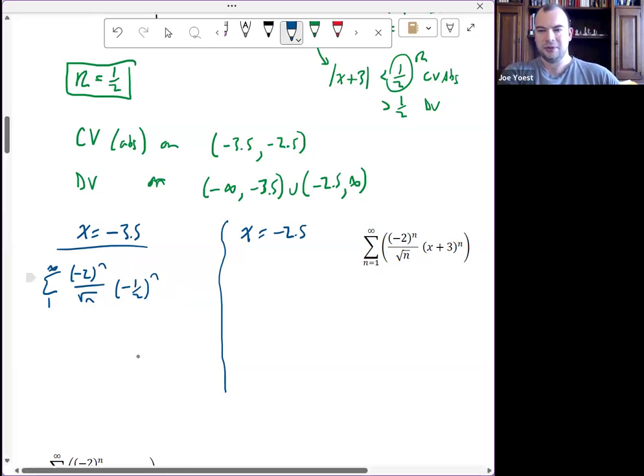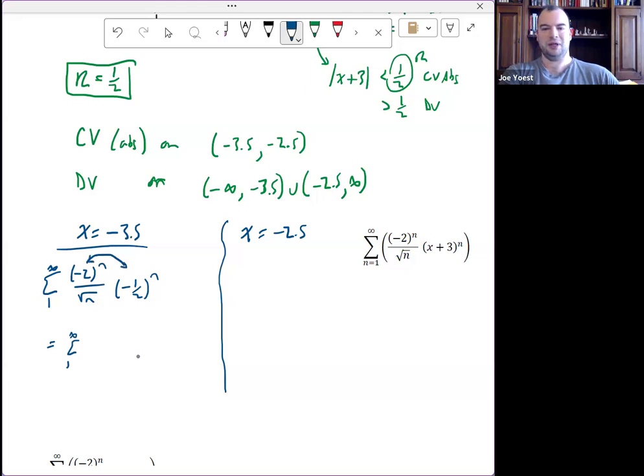I can combine the (-2)^n and the (-1/2)^n. These two bits combine to give me 1^n, right? (-2)^n times (-1/2)^n is 1^n, or that's just 1 over root n.